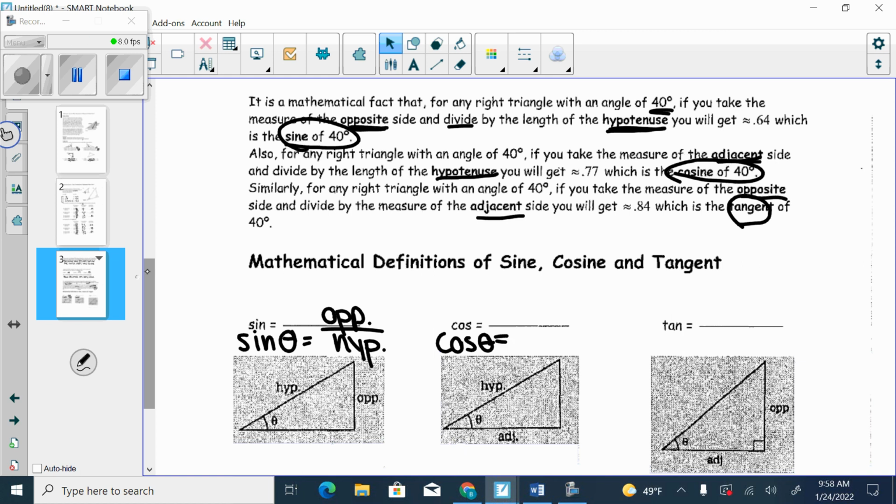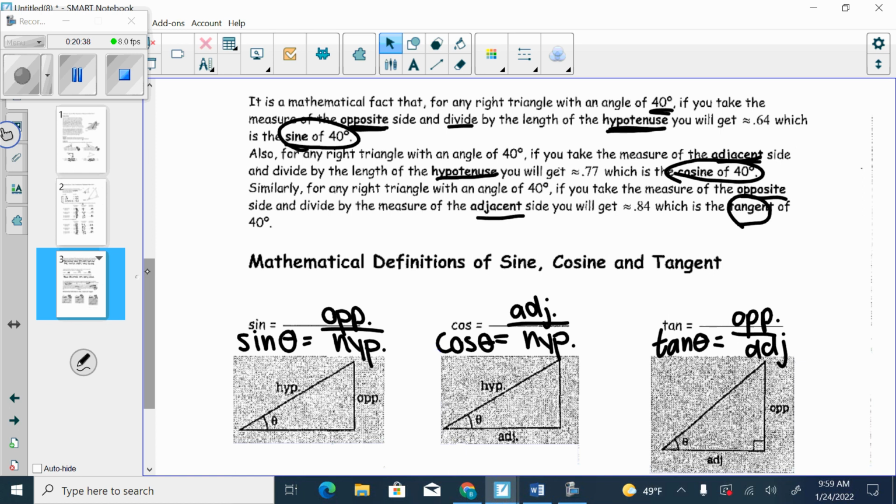And we said to find cosine, you're going to divide what by what? Adjacent by the, there you go. And then lastly, our tangent, or tangent of theta. How are we going to find that?